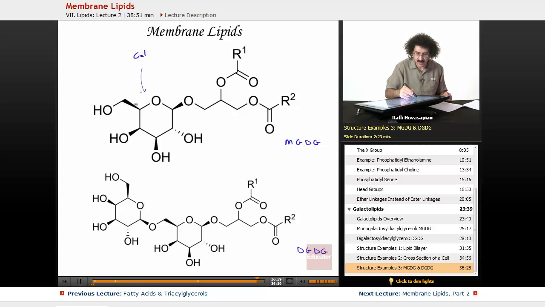Down, up, down, down. Now, notice in this particular case, they actually show you the stereochemistry in a different way. Instead of looking at it in Haworth projection, they're looking at it directly like this. So, again, just another way of looking at the molecular structure of something. You're going to often see structures like this. That's the thing with biochemistry. Different projections, different views give us different bits of information.